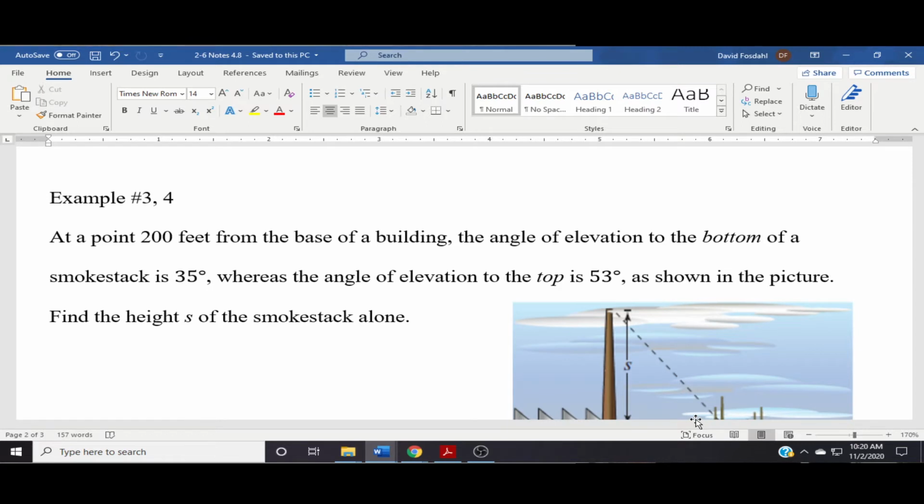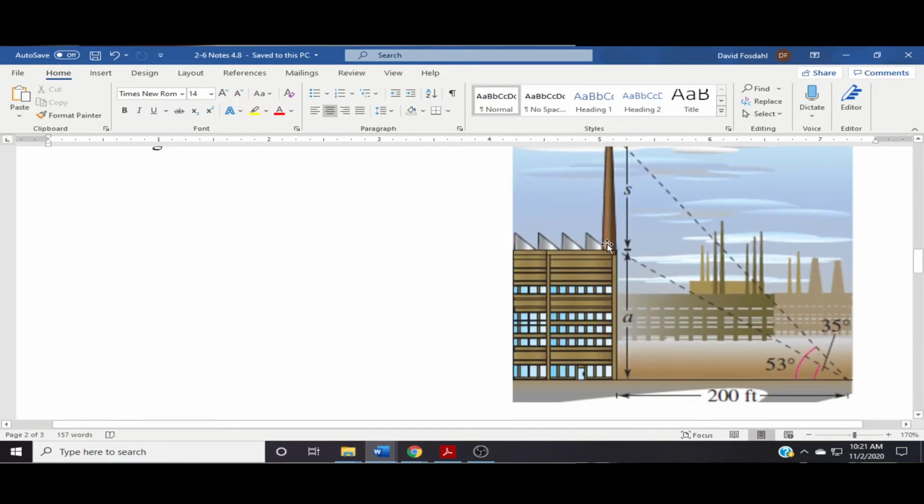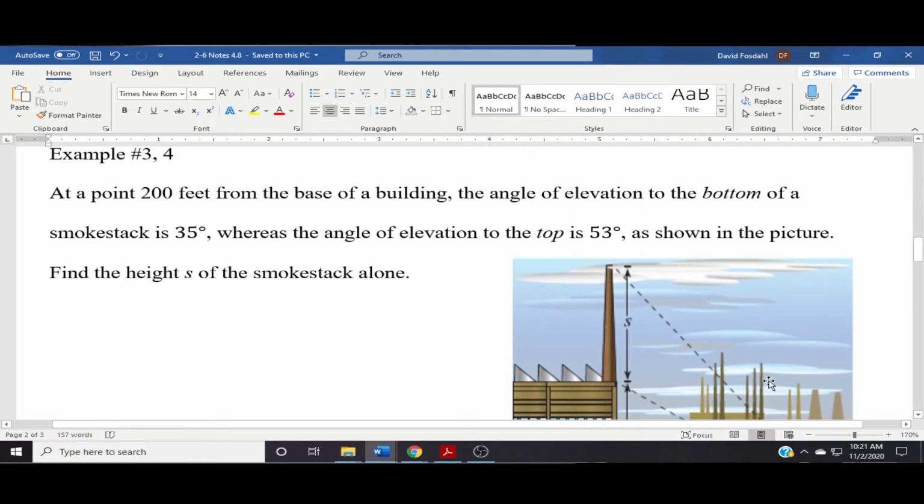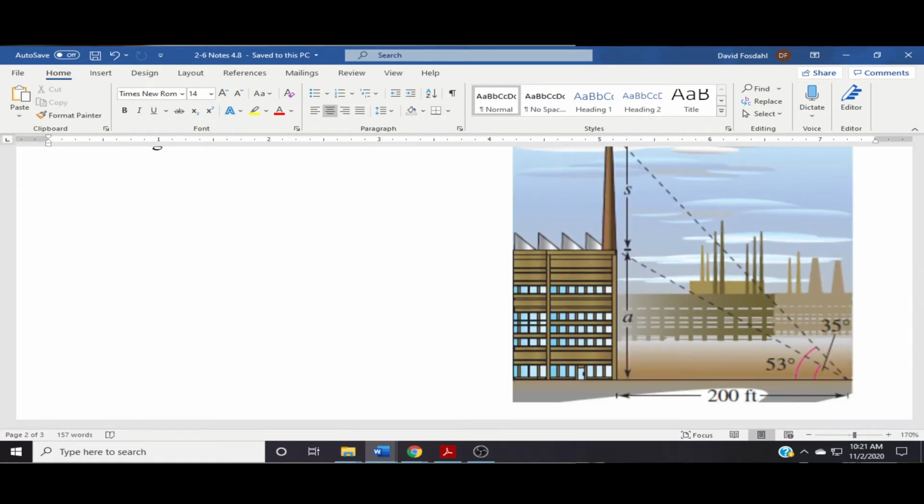Find the height of the smokestack alone. Okay. Now, you're going to have to solve for s plus a. So you're going to have to do two different trig functions, and I will show you how to do that.